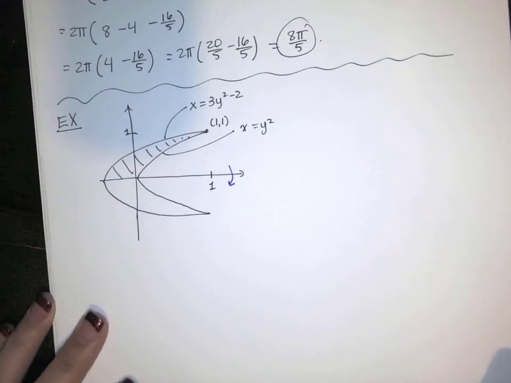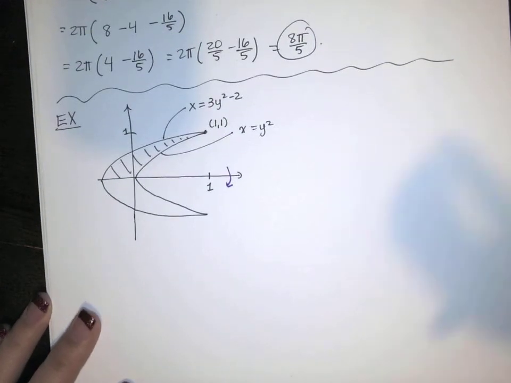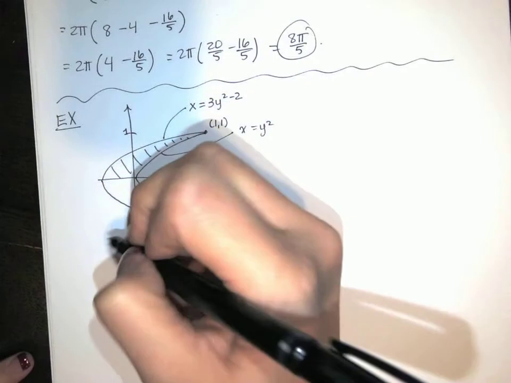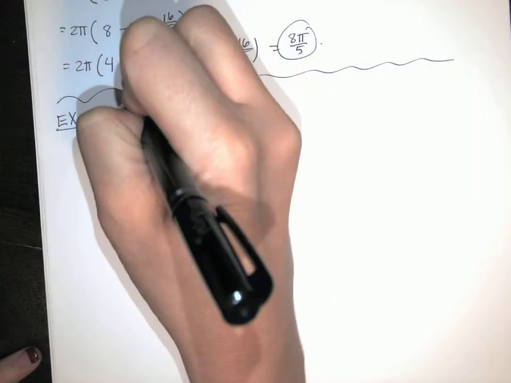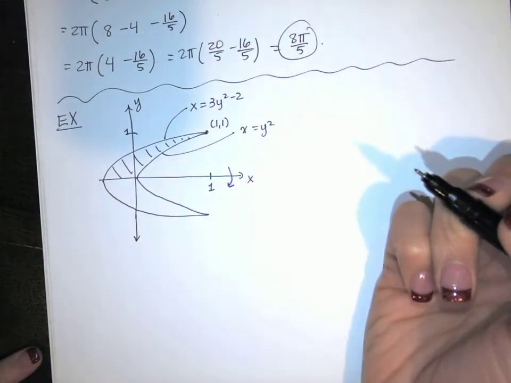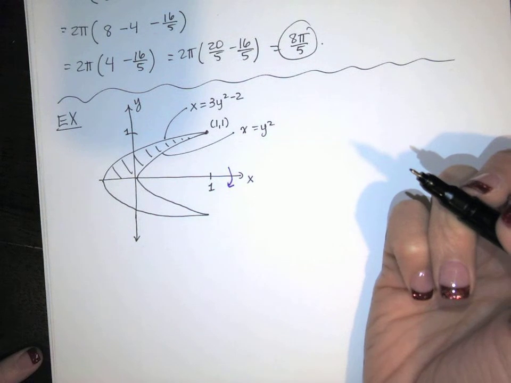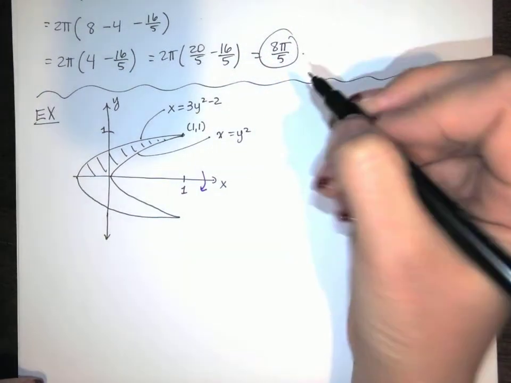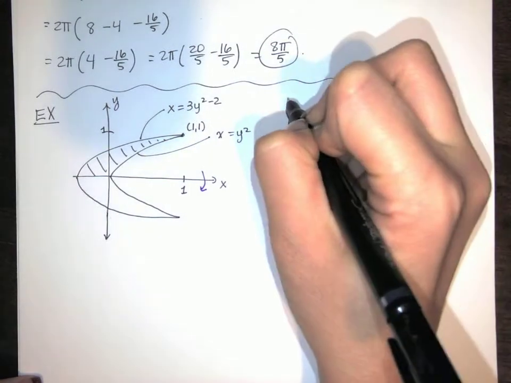I'm so sorry, guys. Another ugly picture. The question is, do you want to use the cylindrical shell method or the disc or washer method for this? Well, I like the idea of using the cylindrical shell method. Let's use cylindrical shells.